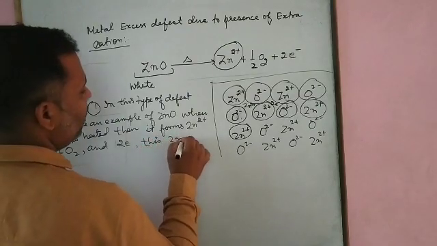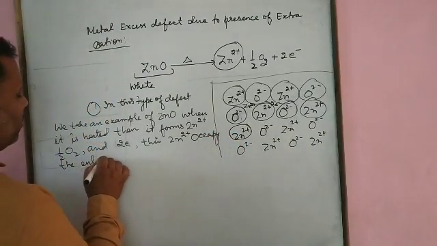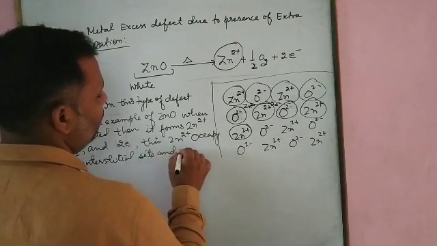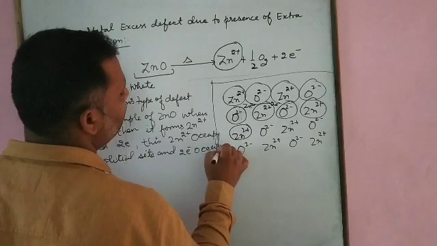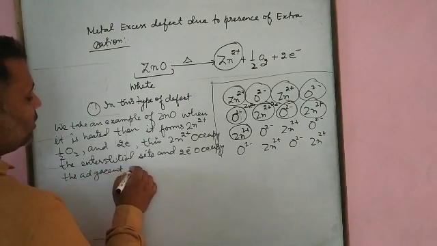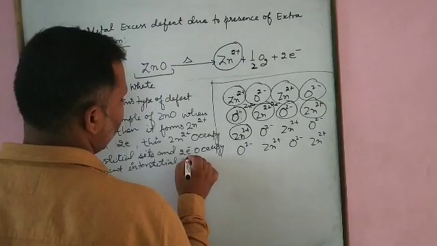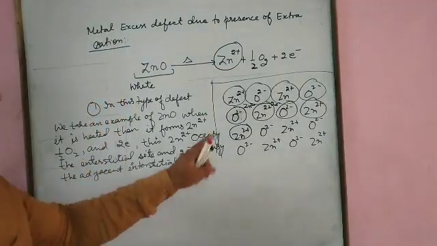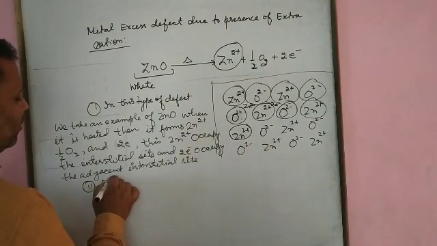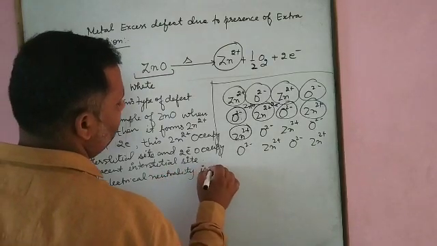This Zn2+ occupies the interstitial site, and 2 electrons occupy the adjacent interstitial site, due to which the electrical neutrality is maintained. The next point is that electrical neutrality is maintained.